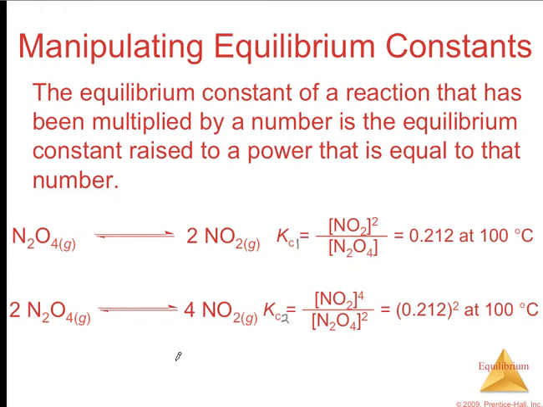If you notice, Kc2 is really just Kc1 squared. And that is the number that I multiplied the equation by to get Kc2. Okay. So the equilibrium constant of a reaction that has been multiplied by a number is the equilibrium constant raised to a power that is equal to that number.